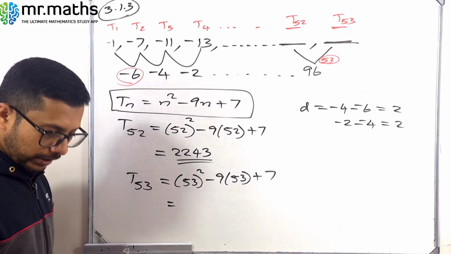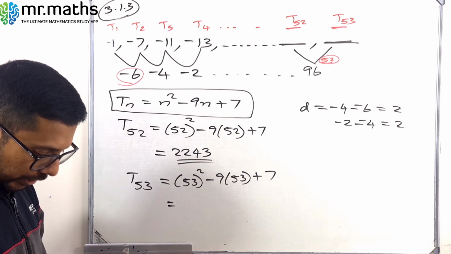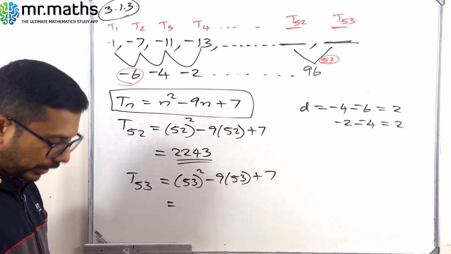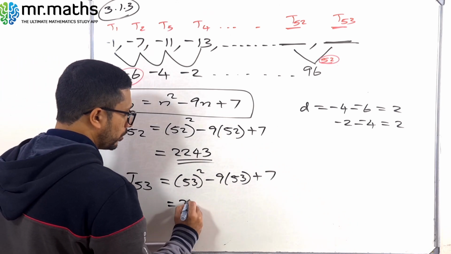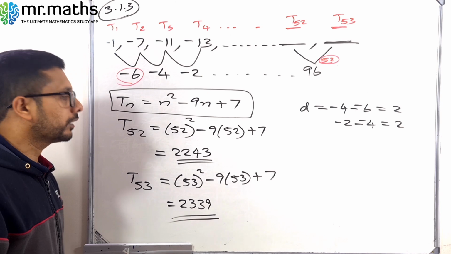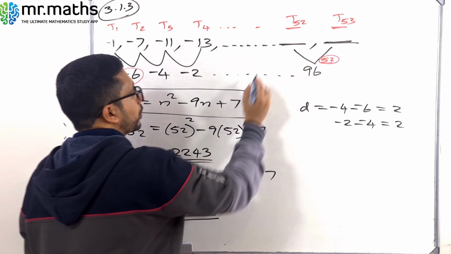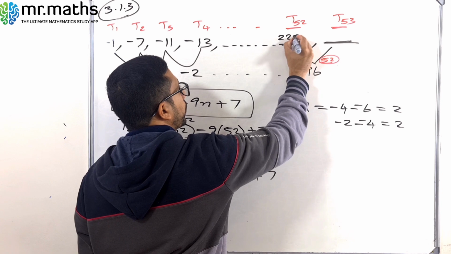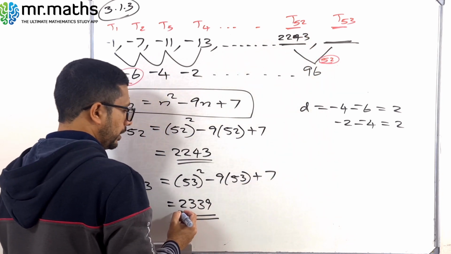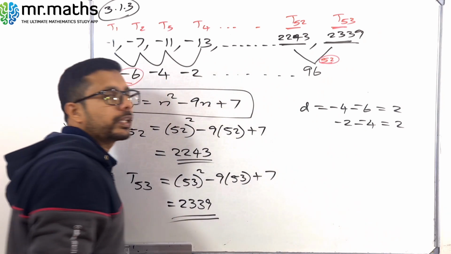Check in your calculator what is the answer. 2339. So it means that this term is 2243, and this term is 2339, and that is what we want to find.